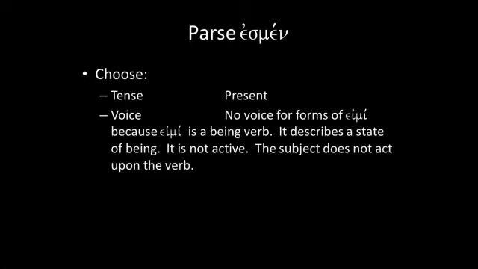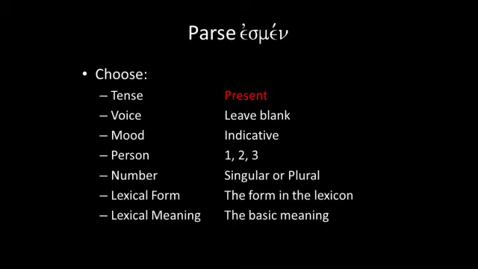Let's try one of these being verbs. This is a form of eimi, esmen. We know right now this is going to be present tense because that's all we've studied so far. In terms of its voice, being verbs don't have voice. An active voice verb basically means the subject performs the action, but there's no action to a being verb, so we just leave that spot blank. So we're going to say present, and then we're going to skip the voice column, just go right past it.